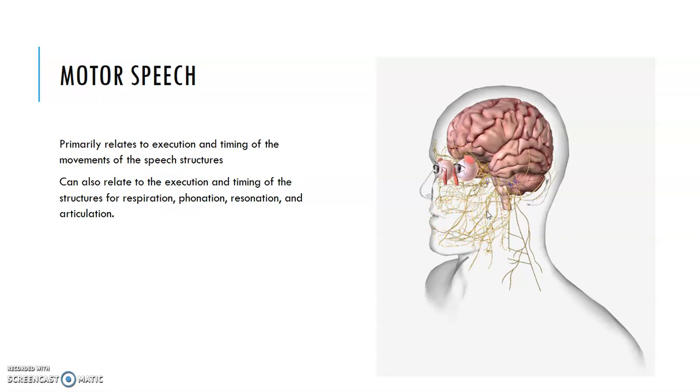Now, motor speech also relates to respiration, phonation, resonation, and articulation, because if there's a problem in the brainstem, it can also affect things like breathing, or opening and closing of the velum, or opening and closing of the vocal folds, because it all relates back to those cranial nerves and how those nerves transmit information down to the speech organs. And so that'll be a little bit more clear to you when we talk about our motor speech disorders.